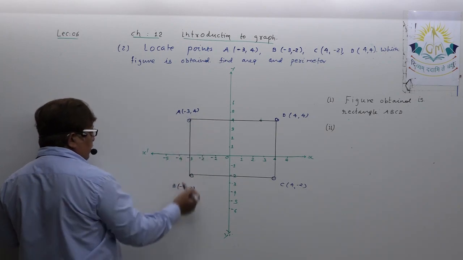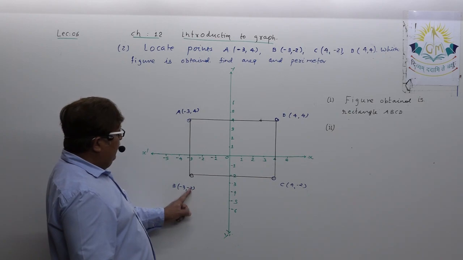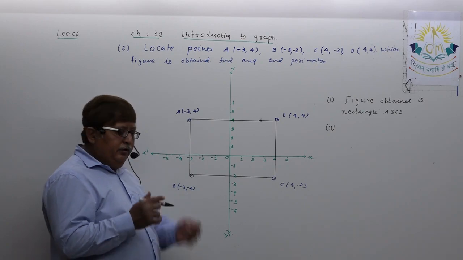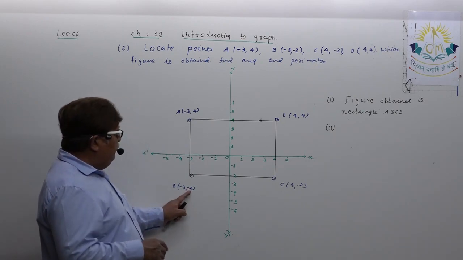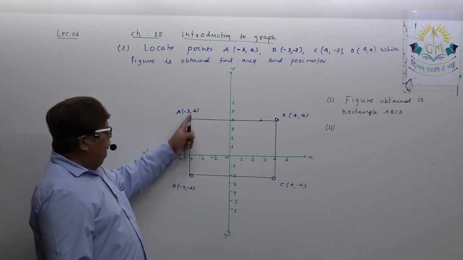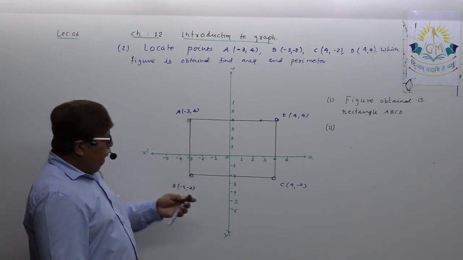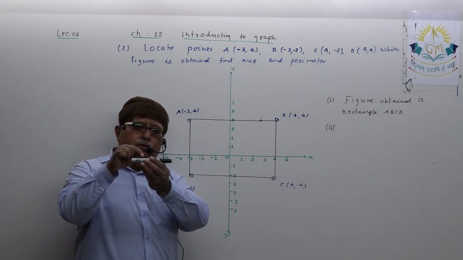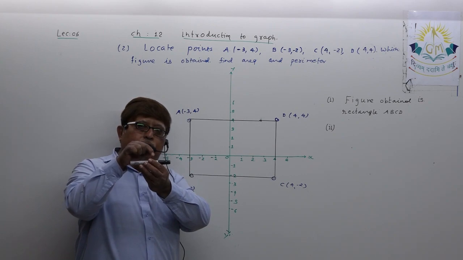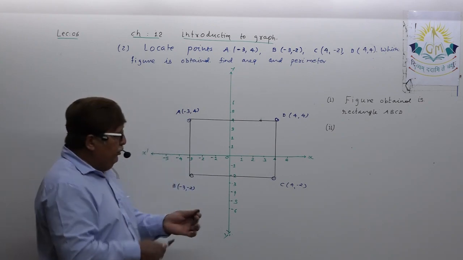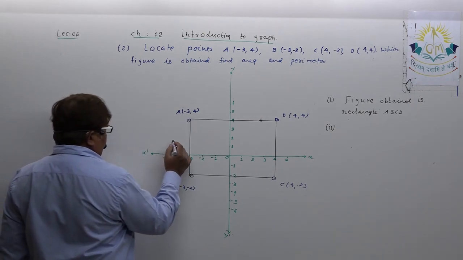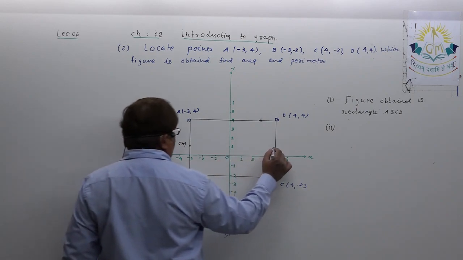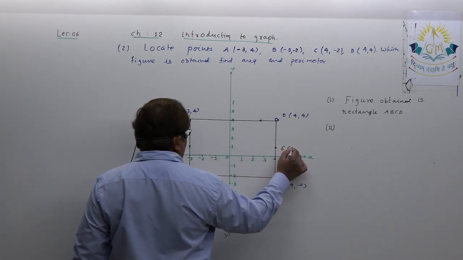What could be that? Just you think on number line. Minus 2 to 4, the gap of how many centimeter? Start from minus 2: minus 2, minus 1, 0, 1, 2, 3, 4, 6 centimeter. Understand? So AB you already got 6 centimeter. You got AB means you got CD also.